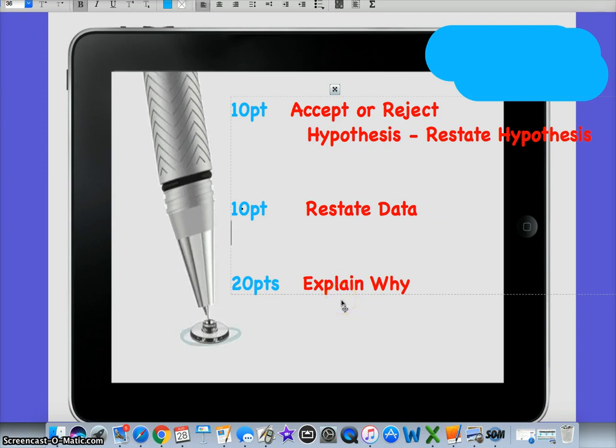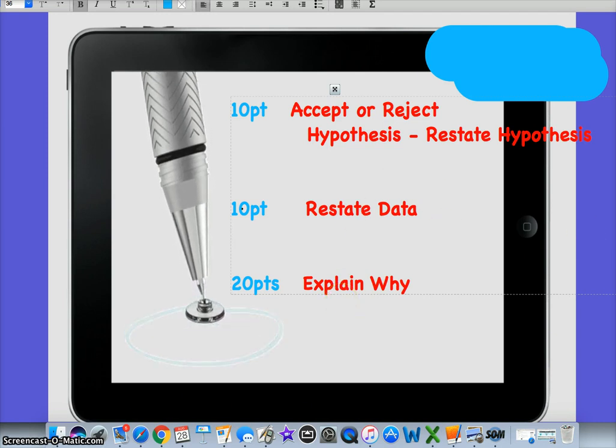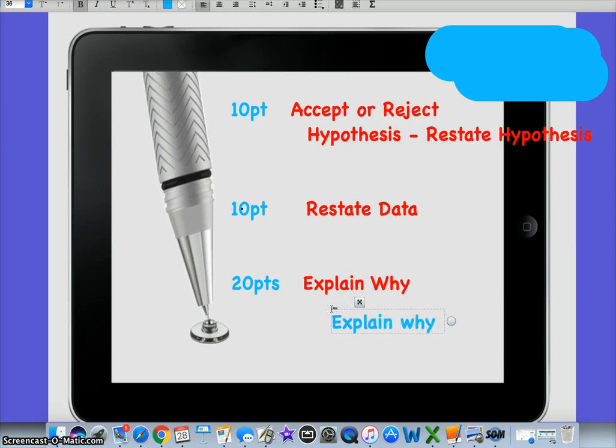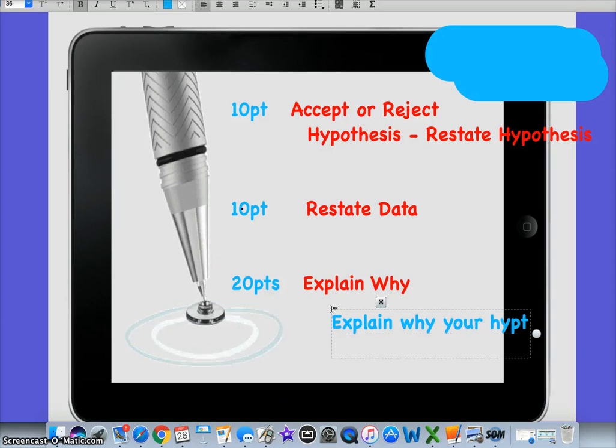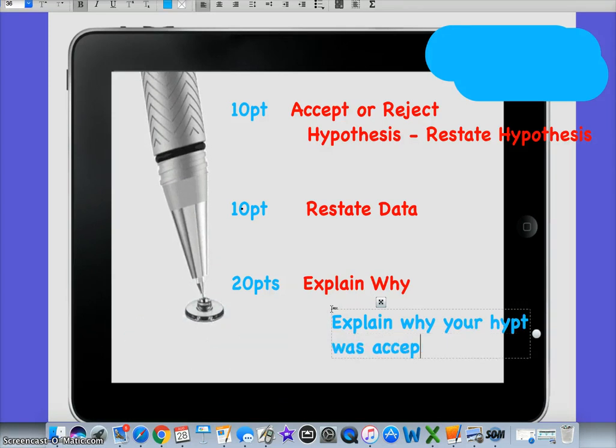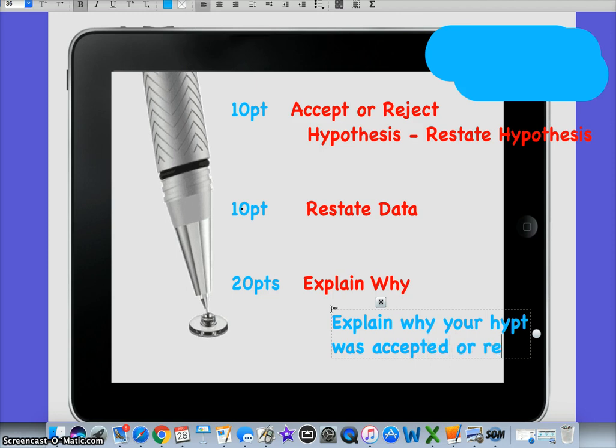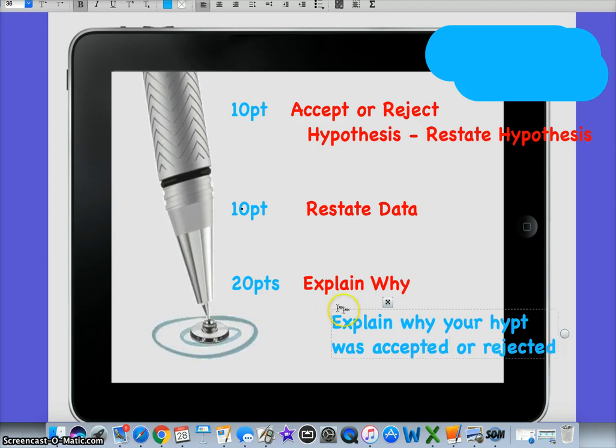And then explain why. I'm going to tell you again, one more time. You're going to explain why your hypothesis was accepted or rejected. What made that happen? That's the part that's going to tell me that you understand the topic, okay?